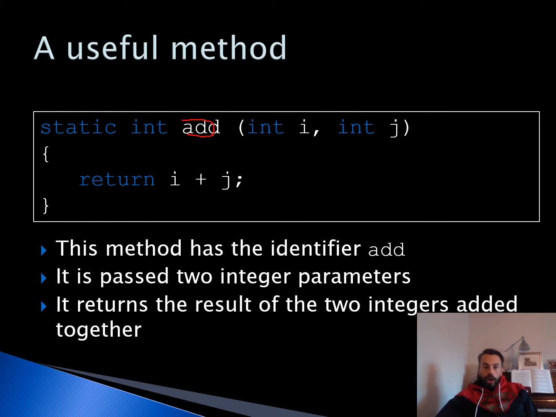You'll notice that it returns an integer, so static int, that's the value that it returns. In here, it then has two integer parameters, i and j, that go in there. Brilliant. And then you have the return statement, which is the two integers added together. So that returns this to this.